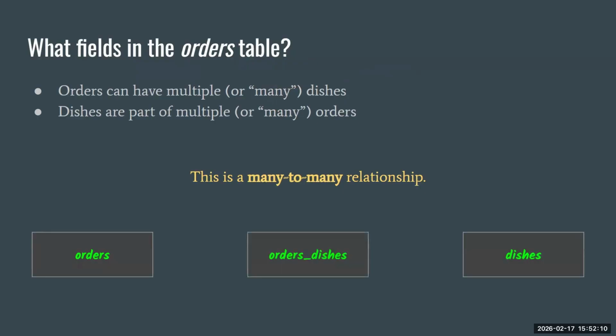And we'll create a third table. It's called a join table. And we'll create our separate relationships. One order to many orders_dishes, and then one dish to many orders_dishes. Now, bear with me. We'll see how this looks on the next slide.